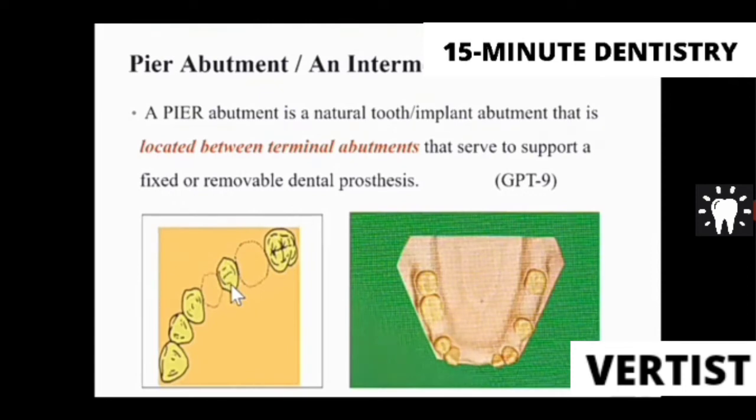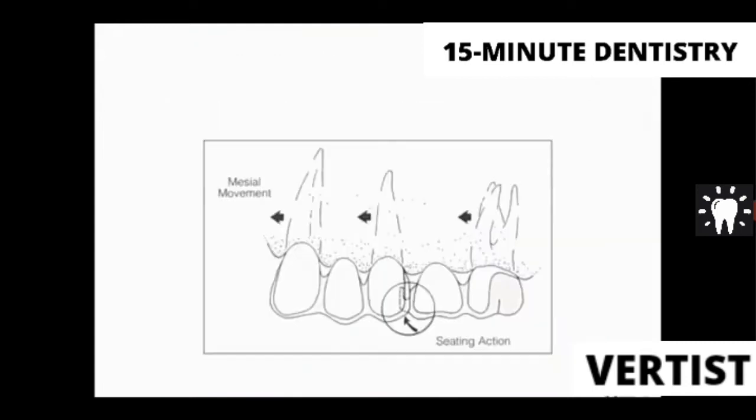Now, how do we handle such situations? In such situations, it is better not to go in for a rigid 5-unit partial denture. Instead, we prefer to use non-rigid connectors. When I talk about non-rigid connectors, I mean the keyway and the key.